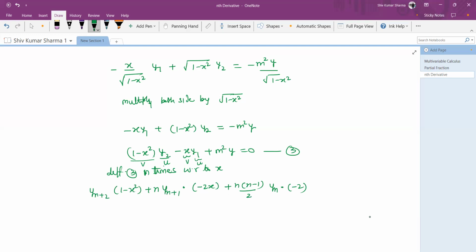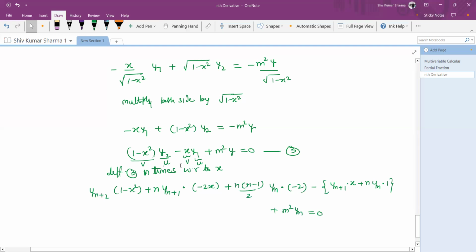Now similarly we apply Leibniz for the second term, so we write y(n+1) into v plus nC1, meaning n, and yn, into the differentiation of the second term, the differentiation of x is 1. Now the next derivative of 1 is 0, so we stop here, plus m square into y, and the nth derivative of y is yn, equal to 0.